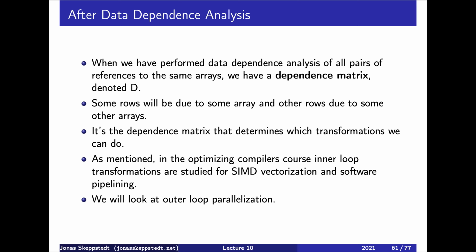So this dependence matrix has no knowledge really about which variables are causing the dependencies. It just expresses which iterations have dependencies, and there can be several variables that cause the same constraint on the execution.